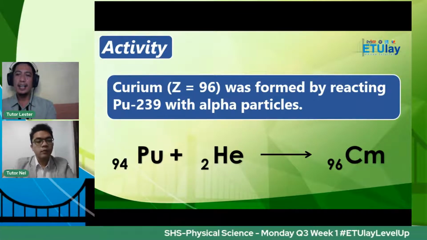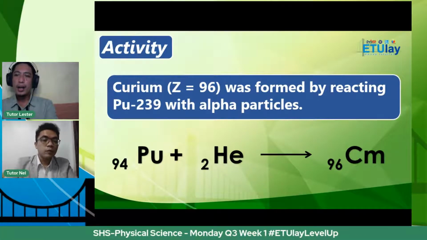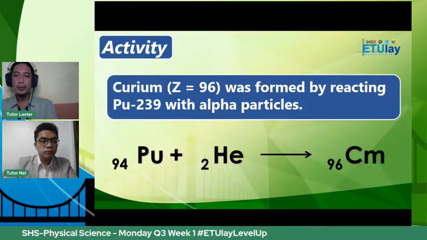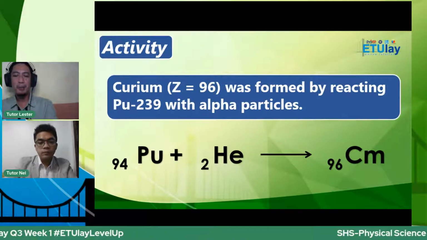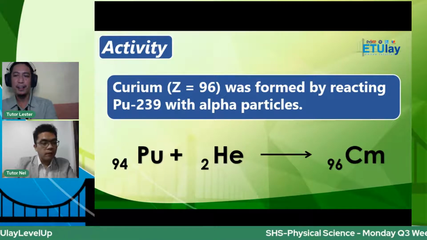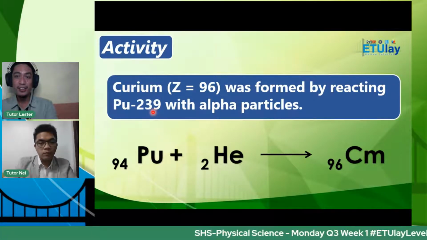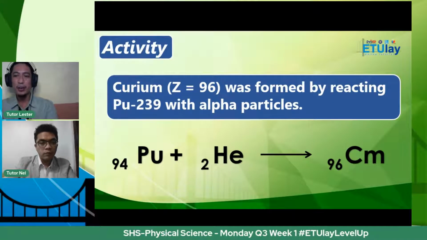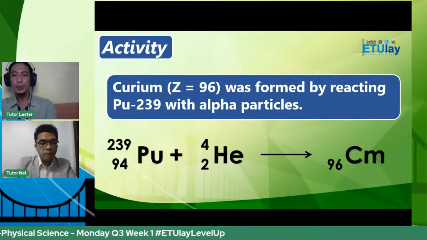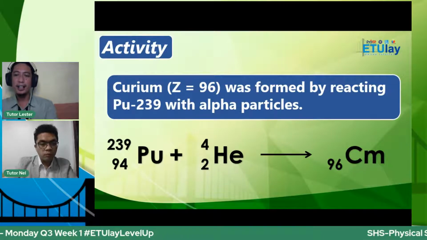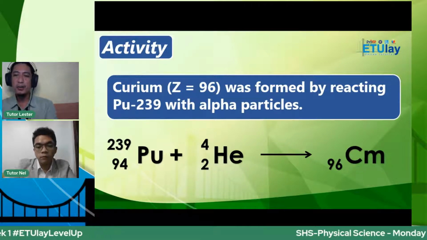Now we balance the atomic masses. Ano po ang mass ng plutonium ayon sa equation? Okay, you may refer to your periodic table or you may look at the equation. So according to the equation, ang mass ng plutonium is 239 and the mass of helium is 4.